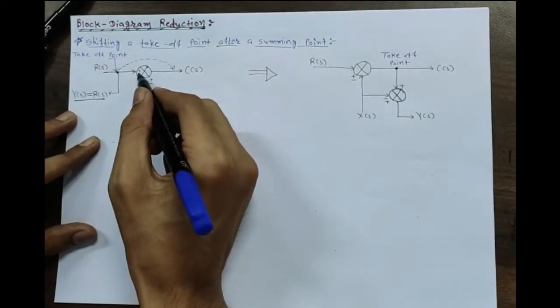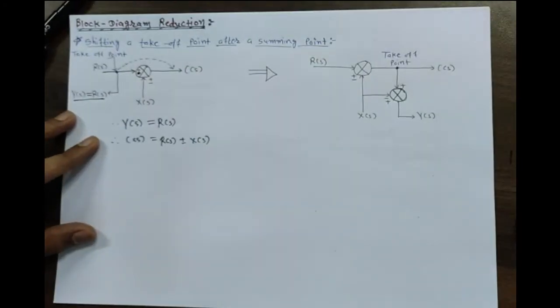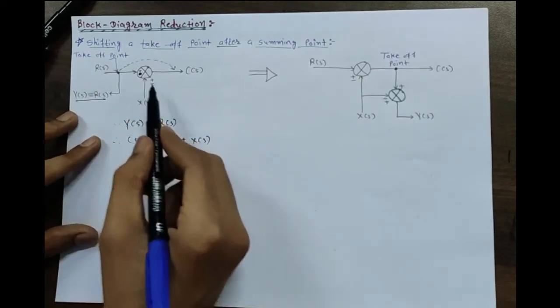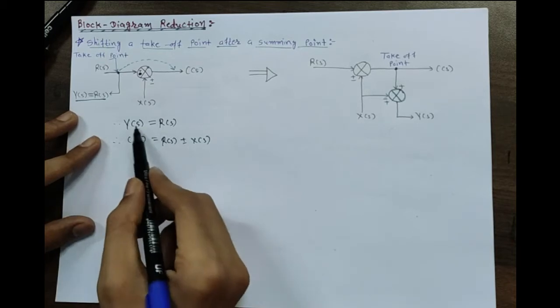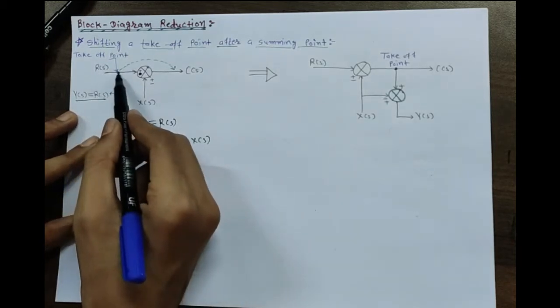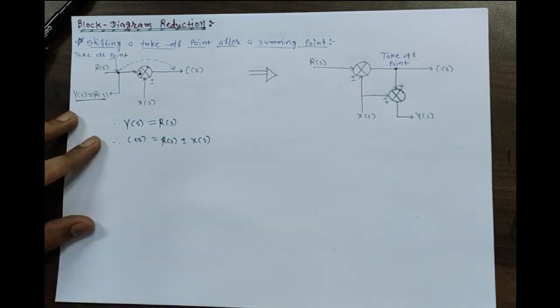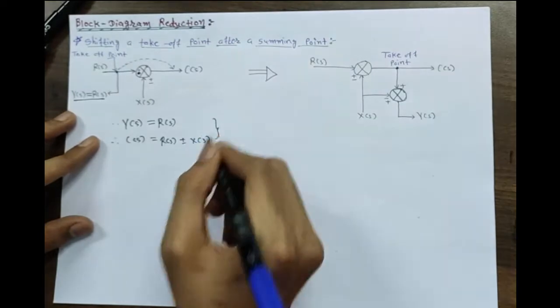For the sake of simplicity, just assume that it is only plus right here, not minus. So c of s is nothing but your r of s signal plus or minus x of s signal. And y of s is nothing but, since it is the takeoff point, the value of y of s is equal to r of s. So this we can write from this network.